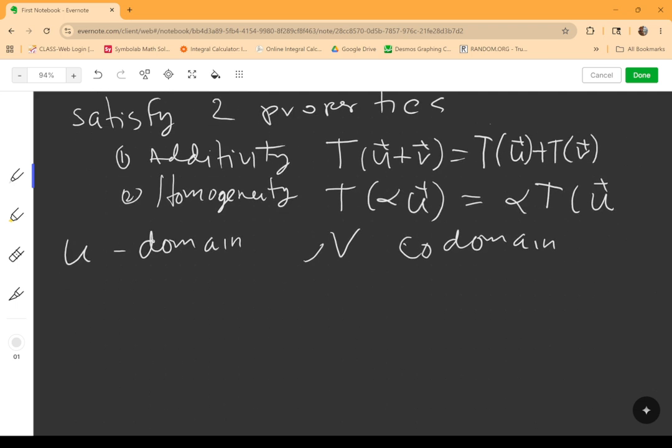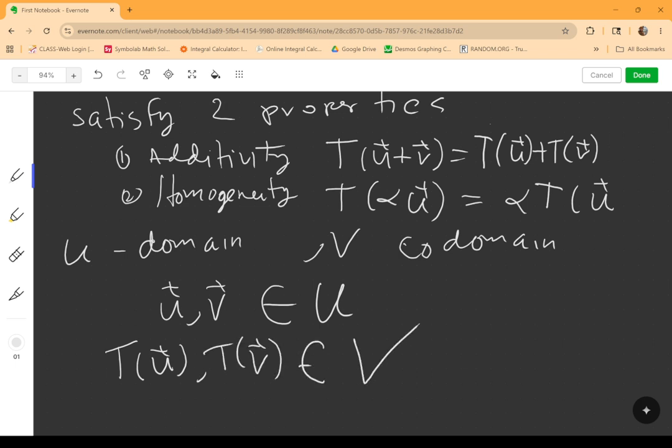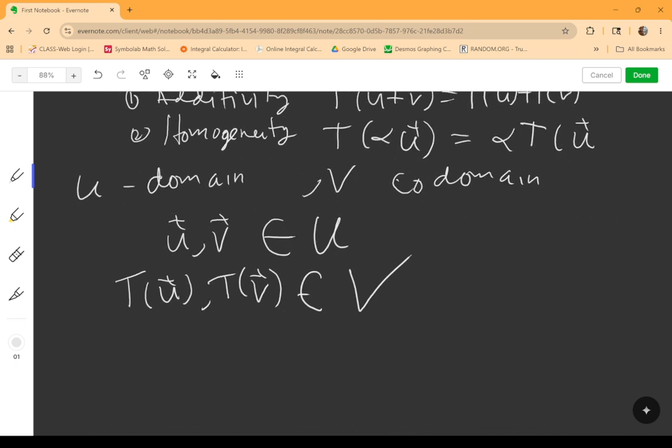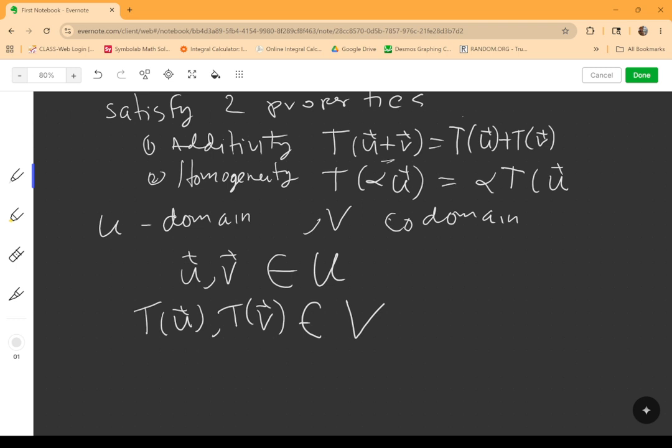But for now, this is what our linear transformation is. What you want to get from this is that if u and v are from our domain, they are part of vector space U, and the corresponding transformations T(u) and T(v) are part of vector space V. The addition on the left is addition in vector space U, and the one on the right is addition in vector space V, which may look different.